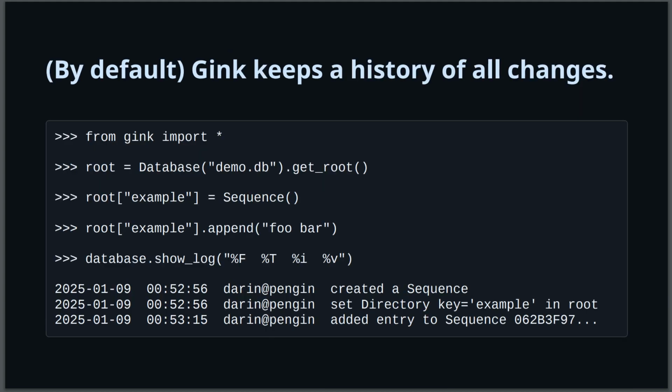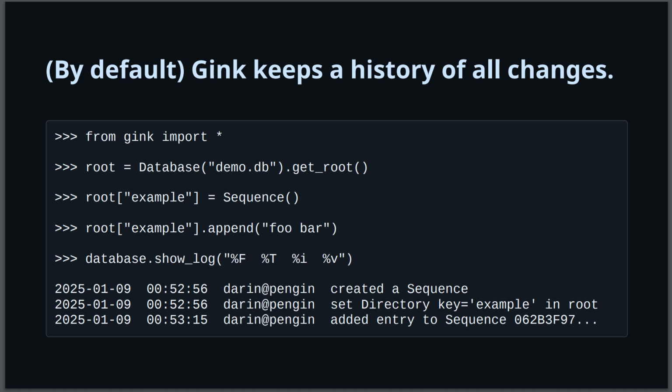As previously mentioned, one of the goals is to keep track of a history of all transactions. So you can say show log, and it will show you what has happened. In this case, the first transaction that happened was a sequence was created. Secondly, that sequence was put into the root directory.